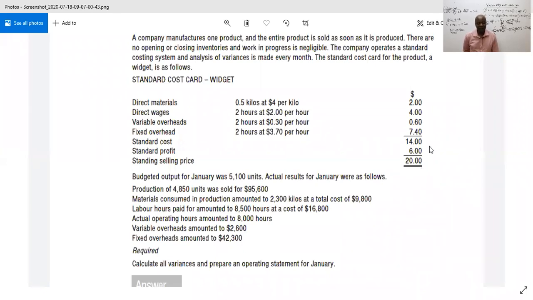Robert is asking, what about fixed overheads volume variance? Fine. We are not yet there. Remember, you are a cost accountant, a management accountant. In management accounting, how do you ascertain your costs? First of all, you start with materials. You go to labor. From there, you go to variable overheads. After you finish variable overheads, now we go to fixed overheads.